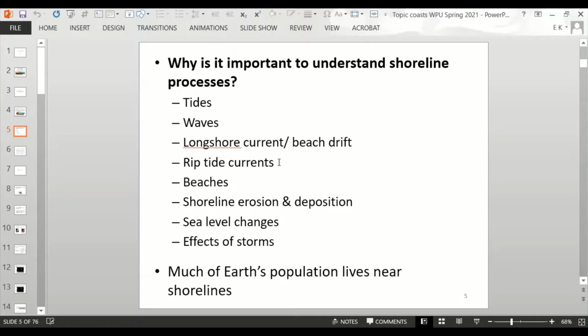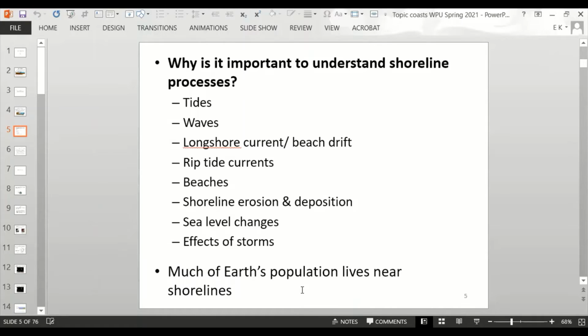Then we have riptide currents, which you may have heard of if you ever go to the beach, or during the summer you may hear a riptide current warning on the news. We're going to talk about beaches and shoreline erosion and deposition, sea level changes, the effects of storms such as Sandy, which had a large effect on our location.